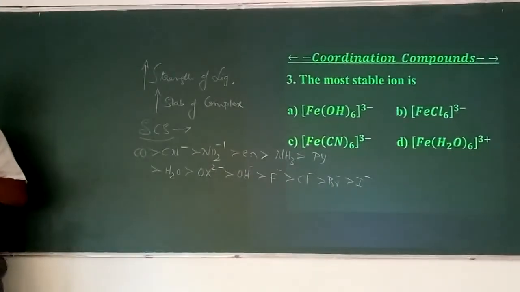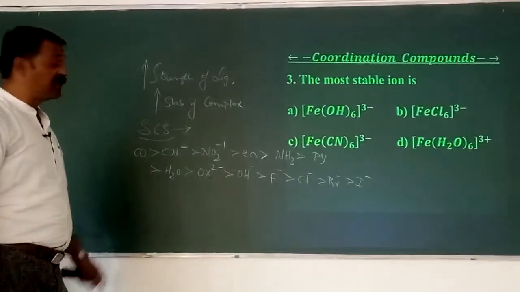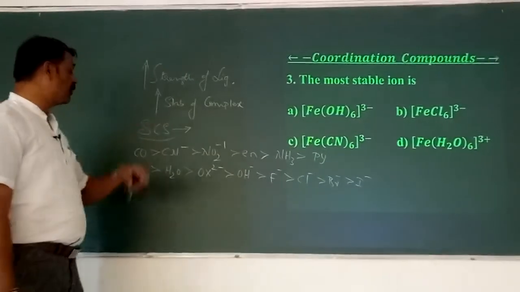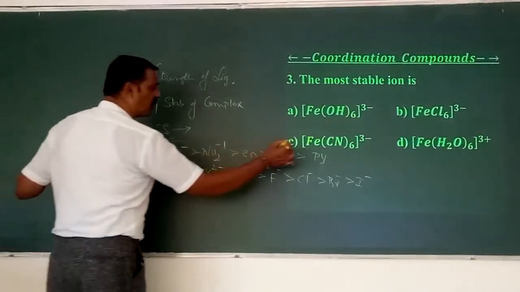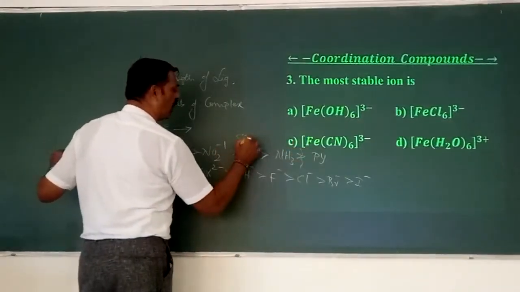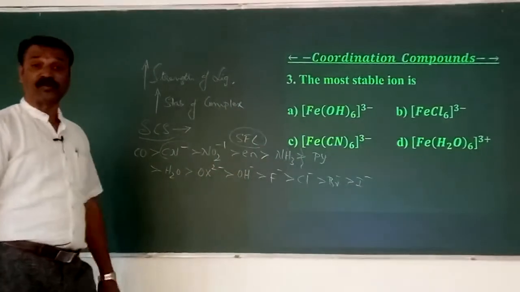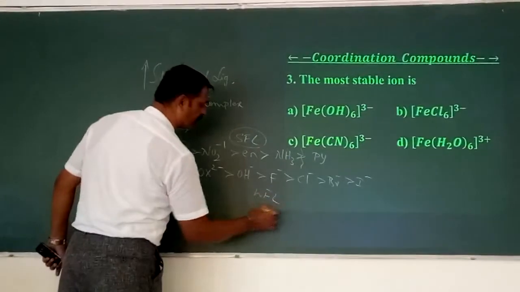They are an arrangement of various ligands in the decreasing order of their field strength, the crystal field splitting energy. Up to ammonia, from carbon monoxide, they are the strong field ligands, and the rest are considered to be the weak field ligands.